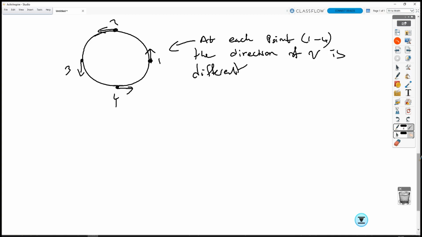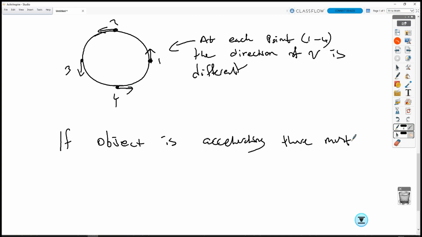Now, if there is an acceleration, there must be a resultant force, because F equals ma. So if the object is accelerating, there must be a resultant force.